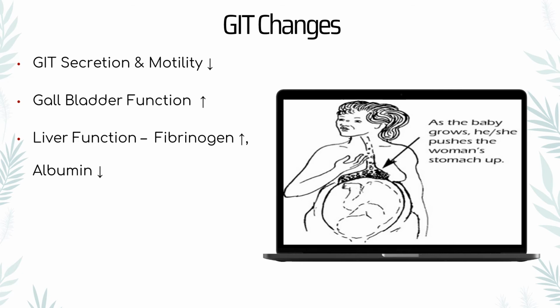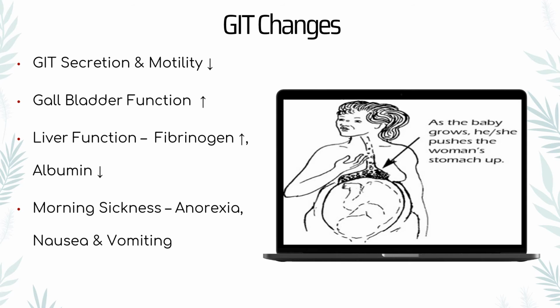Liver functions get altered. Fibrinogen synthesis increases, and the albumin gets decreased. Motion sickness, anorexia, nausea, and vomiting are very common in the early pregnancy, especially in the morning hours.